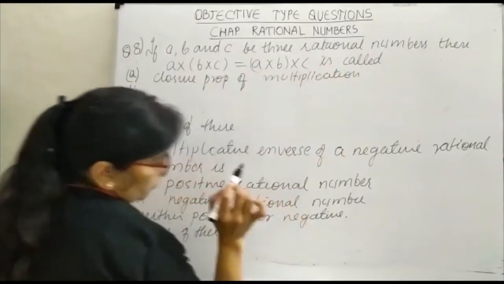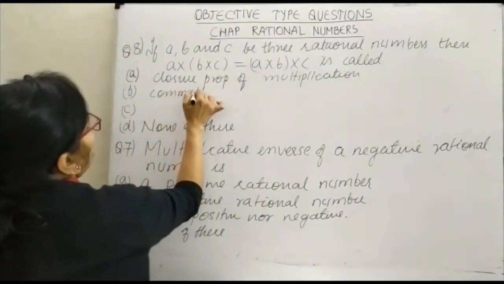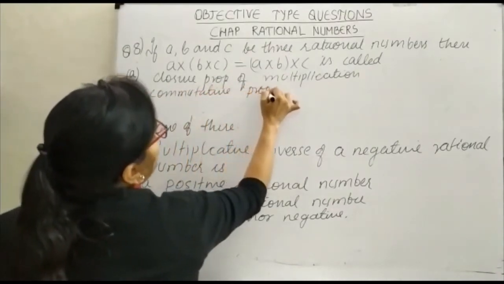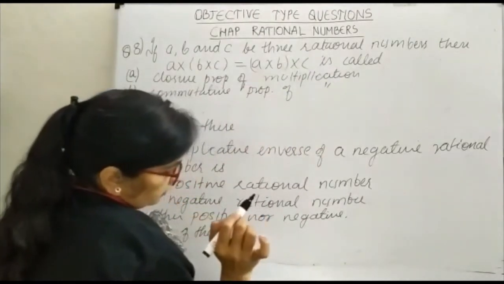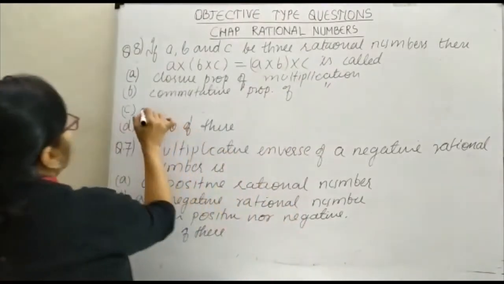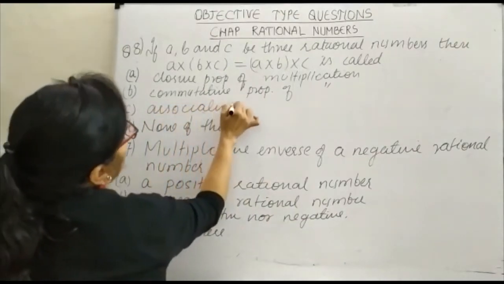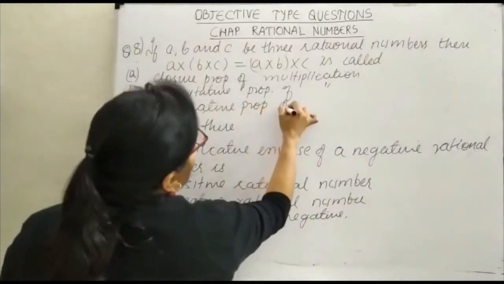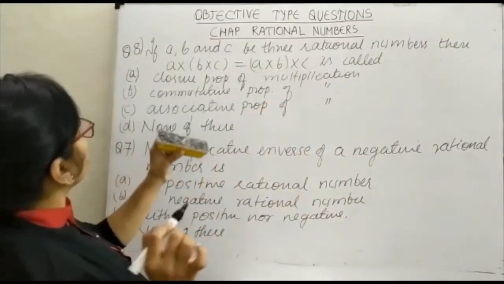Then second is commutative property of multiplication. Then C is associative property of multiplication. And the last option is none of these.